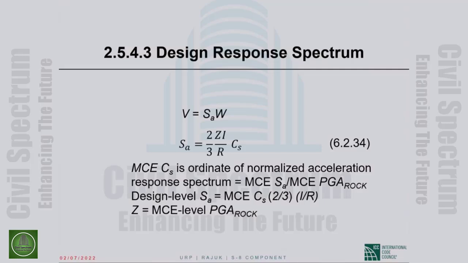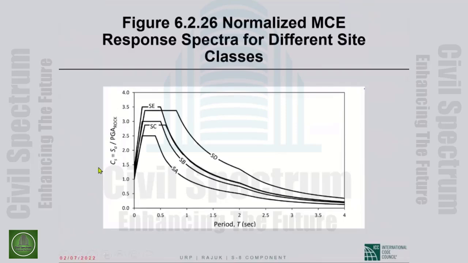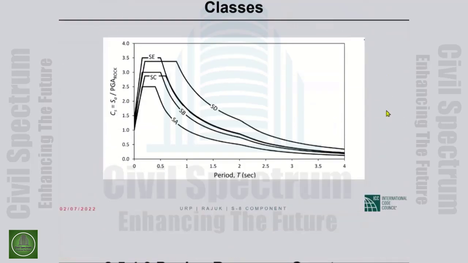So in BNBC 2020, V is equal to S sub A, the spectral acceleration, multiplied by W. The spectral acceleration is 2/3 Z I over R times C sub S. This is the C sub S of BNBC 2020, which you know is S sub A divided by PGA on rock. We said that here.